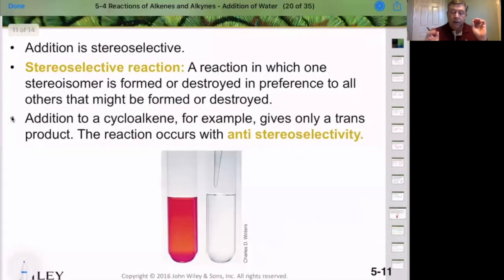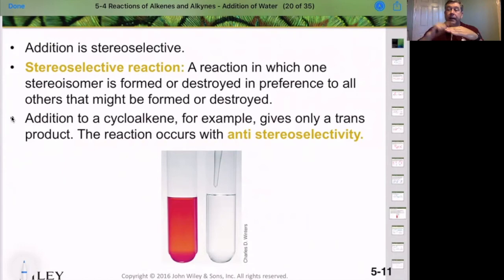So this is also a stereoselective reaction, okay? We typically only form one stereoisomer when we do this. And when we do this, we can actually see by using a cycloalkene that it only gives a trans product, meaning that bromine goes on one side of the ring and then it goes on the other side of the ring, which gives us what we call anti-stereoselectivity, meaning that one of the halides had to come from the top and one of the halides comes from the bottom because they're on opposite sides.